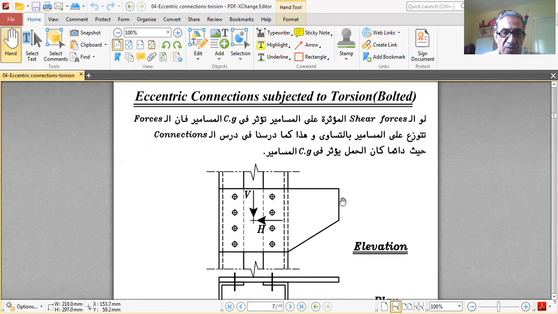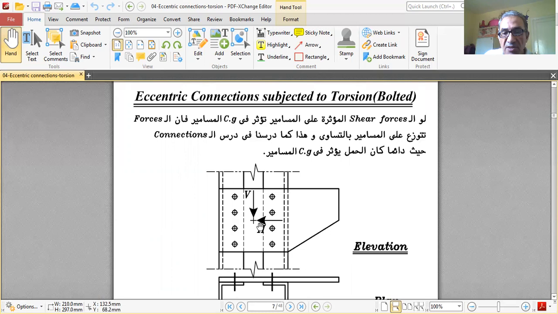Okay, eccentric connection subject to torsion, bolted connection. So we will start with eccentric connection subject to torsion, which are bolted connections, not welded connections. If the shear force is acting at the CG of the bolts, then the forces are divided equally by the bolts. This is what we studied in the structural analysis course, chapter 21, the effect of force.